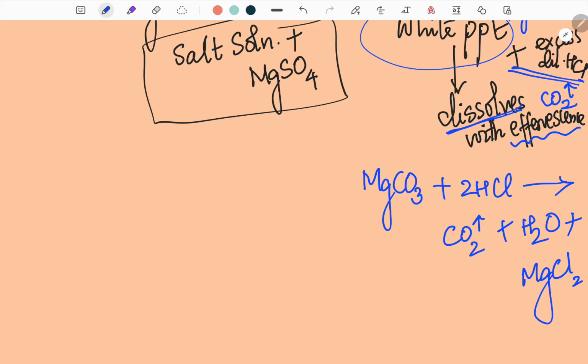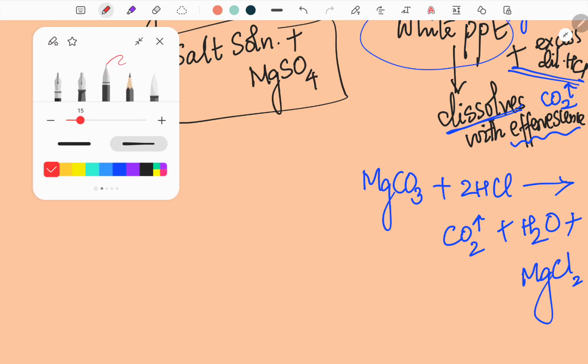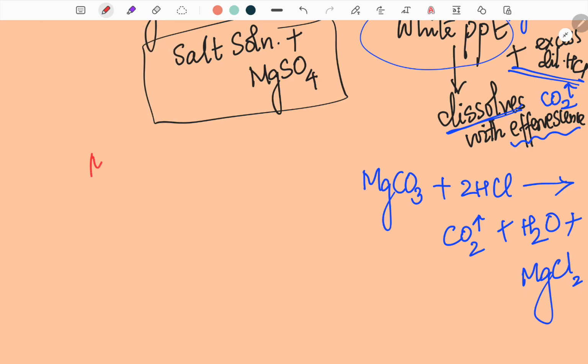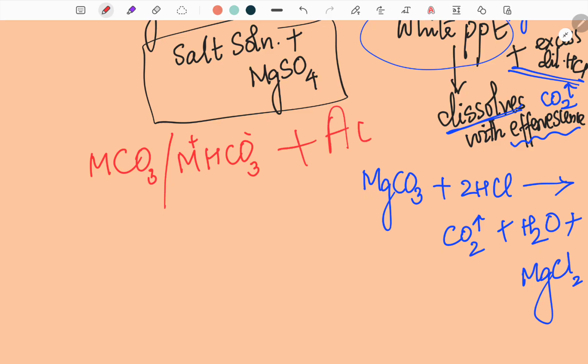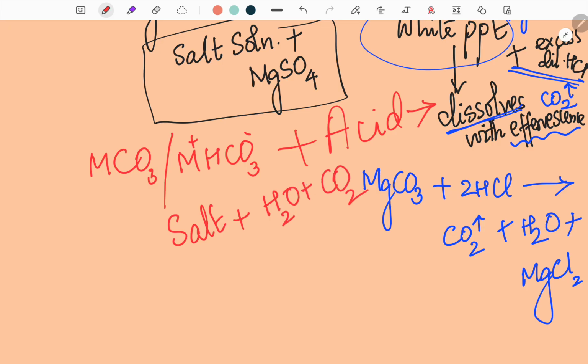Now, I think this is something that you have learned in grade 10. When a metal carbonate or a metal bicarbonate, that means a metal with HCO3 minus ion, reacts with an acid, then you will be getting a salt, and by default water and carbon dioxide are liberated.